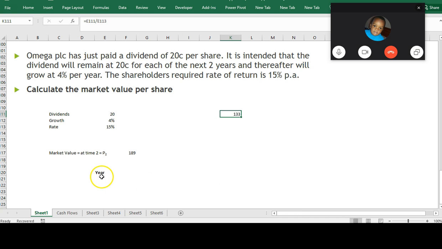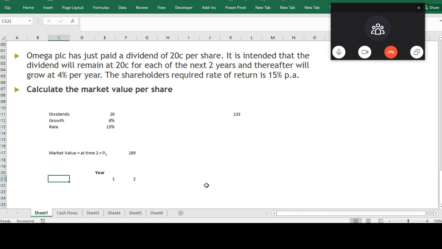But then it changes, because these are perceptions of the investors. The investors know that in the first 2 years, obviously, there will be no dividend growth, but after that, the dividend is going to grow at that rate. So it cannot still be 133. And this is what we're now trying to do.